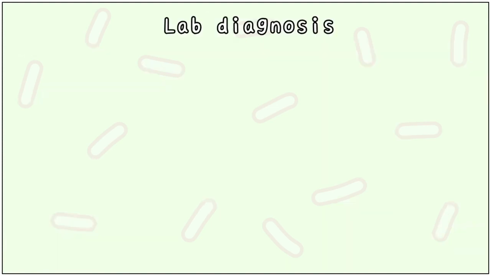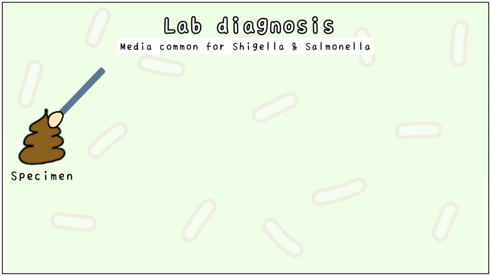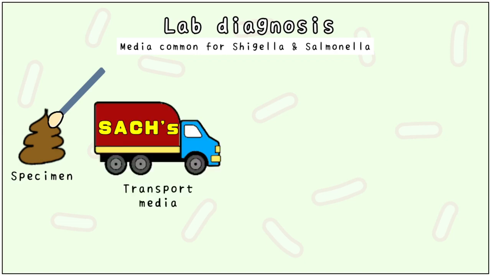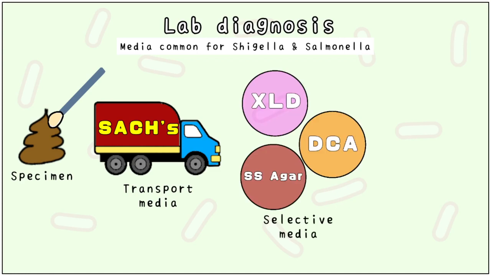For the laboratory diagnosis of Shigella, we use media common with Salmonella. The specimen is collected from a stool sample and transported in Sachs medium. It is cultured using selective media, that is DCA, XLD, and SS agar.